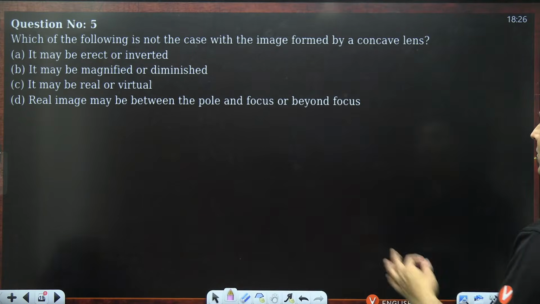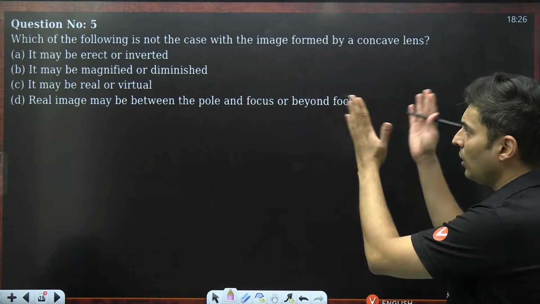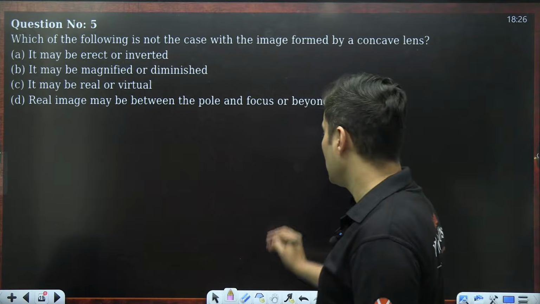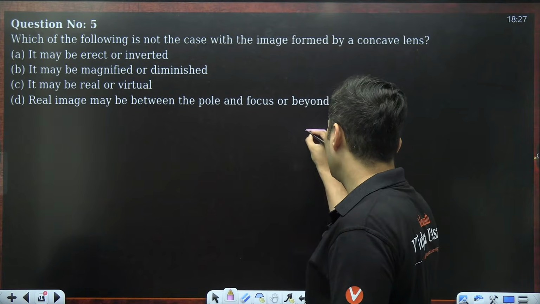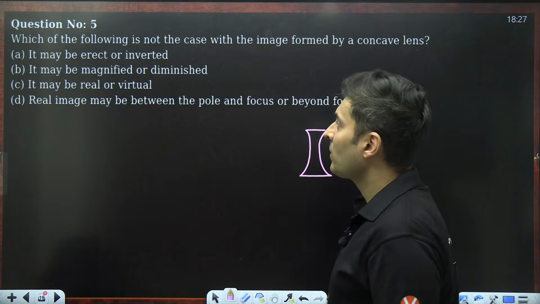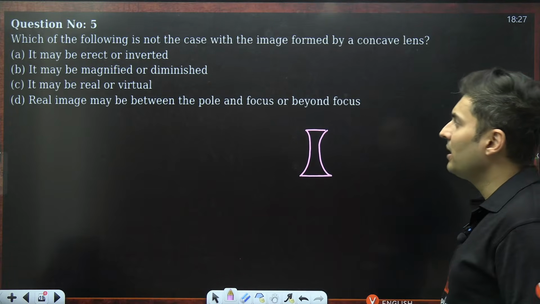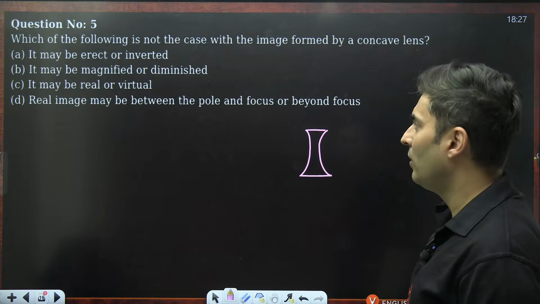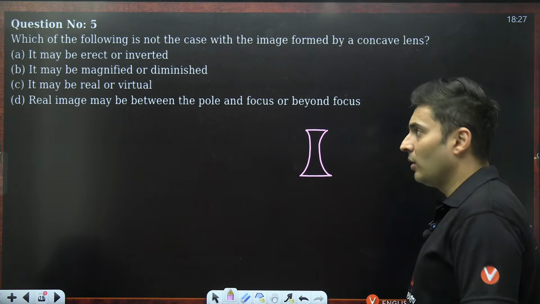Okay, right. Let's move on. Which of the following is not the case with the image formed by a concave lens? Let's imagine a concave lens. It may be erect or inverted. It may be magnified or diminished. It may be real or virtual.